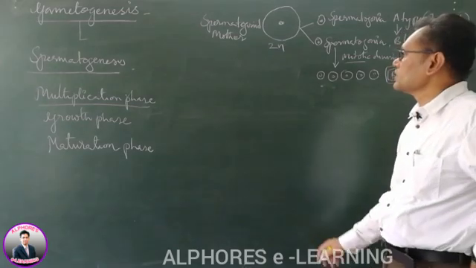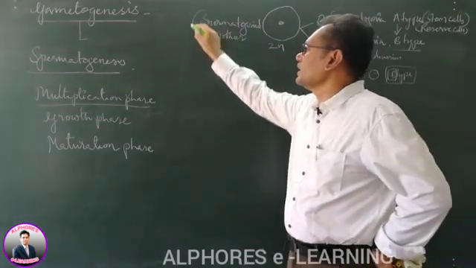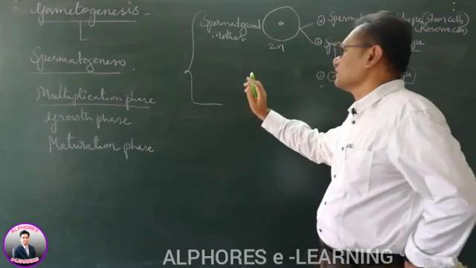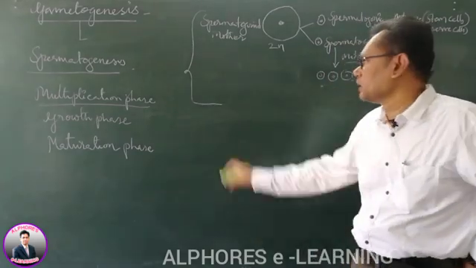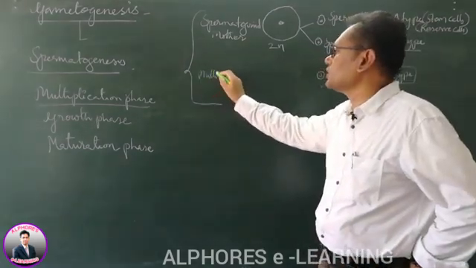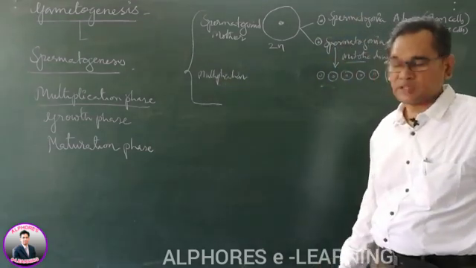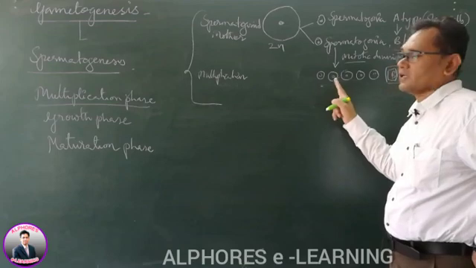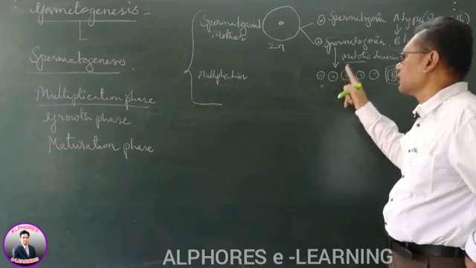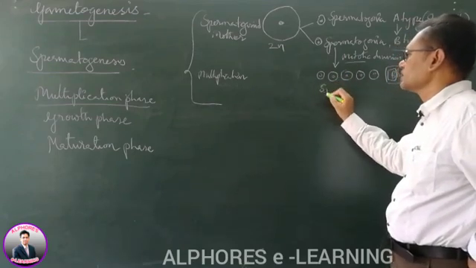This stage is what we call the multiplication phase. It results in a large number of spermatogonia.